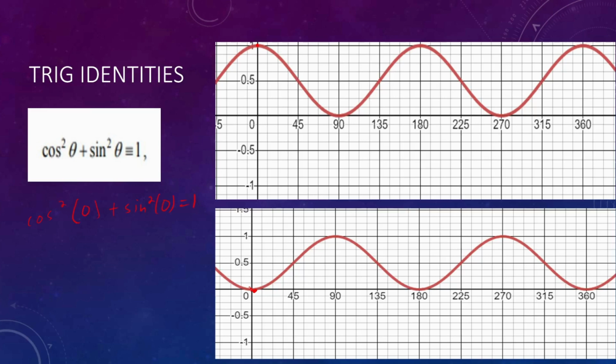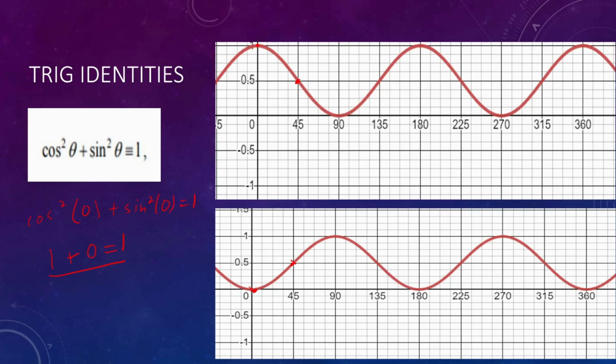In the graph of cos square I have the value 1, so 1 plus, and at sin square I have the value 0, which equals 1. Or you can take any other value, for example 45, you can see it has 0.5, and the other graph also 0.5. You can just see this from the graph and understand it. This will also be given to you in the formula sheet, so no need to memorize this either.